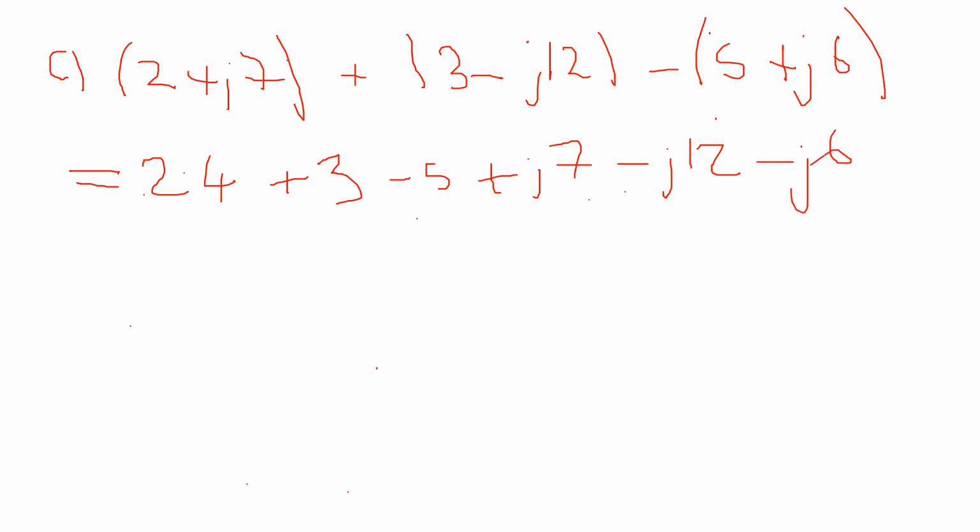Then you just put everything into your calculator. 2 plus 3 minus 5 gives us 0, and then you do the same here for the imaginary part. So it's 7 minus 12 minus 6, which gives us minus j11. Then you are done with number C.